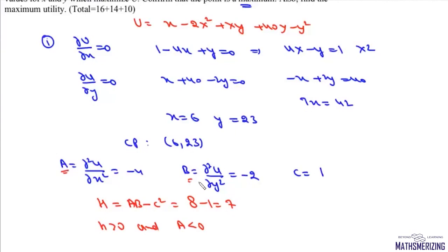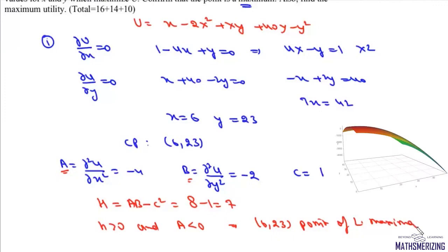It doesn't make a difference because they have the same sign. Now when h is greater than 0 and a is less than 0, it simply means this point (6, 23) is a point of local maxima.